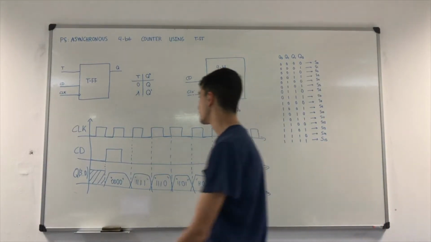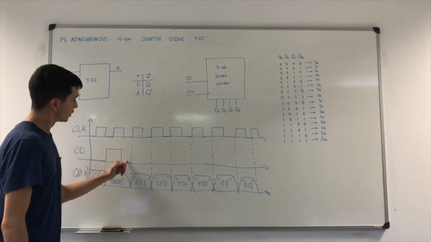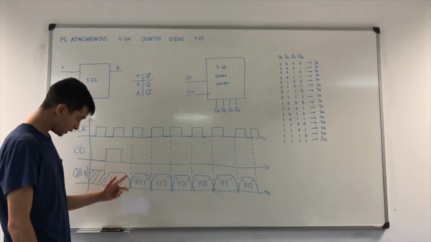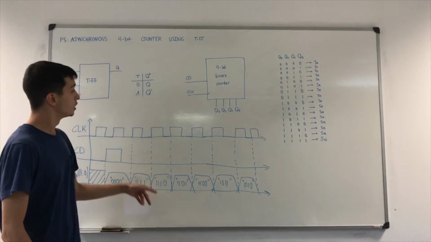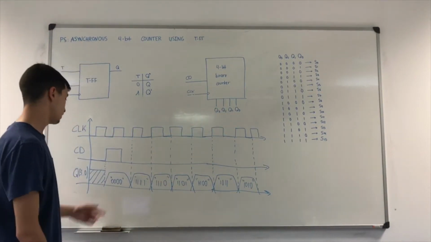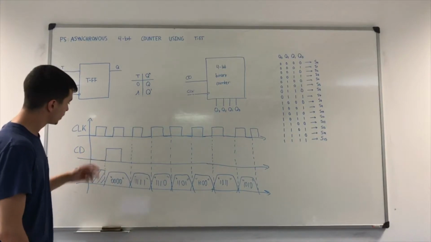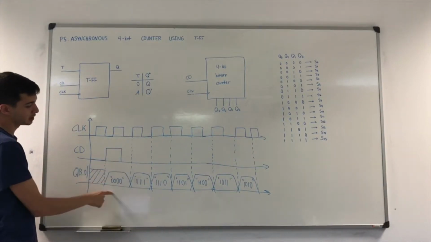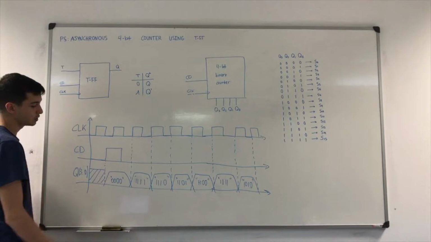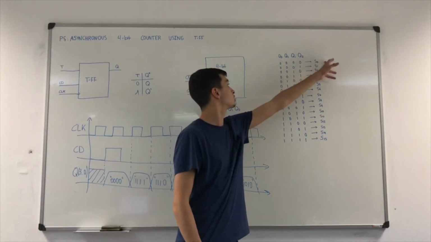As we can see, with the rising edge of the clock, we have a change in the output. When the clear direct is equal to 1, we have the initial state 0, 0, 0, 0, that is this state.